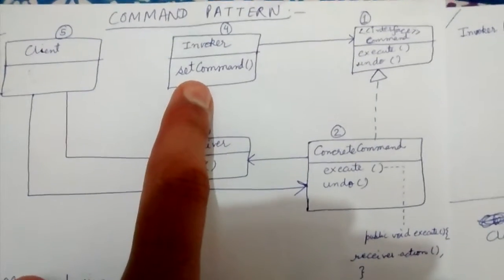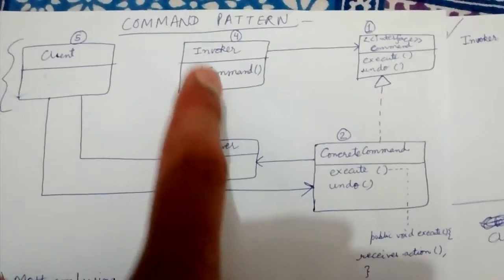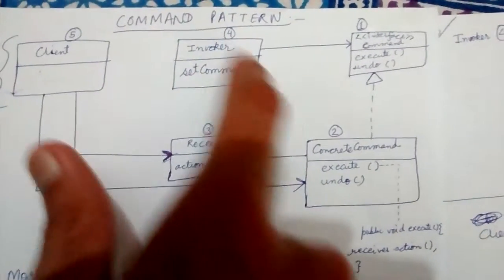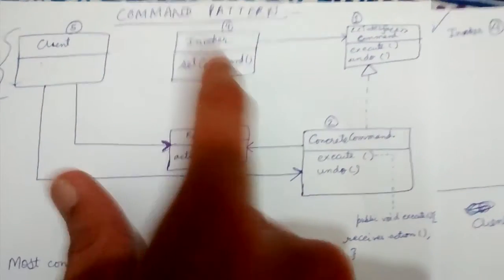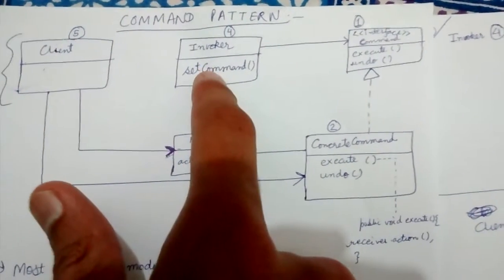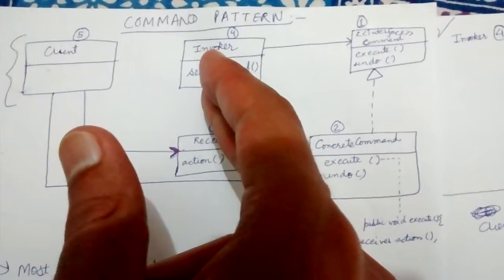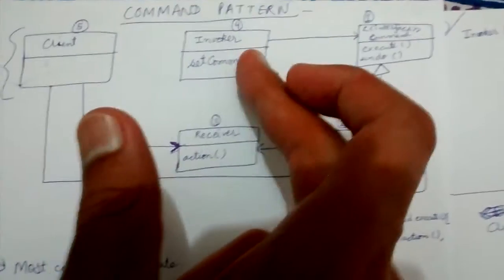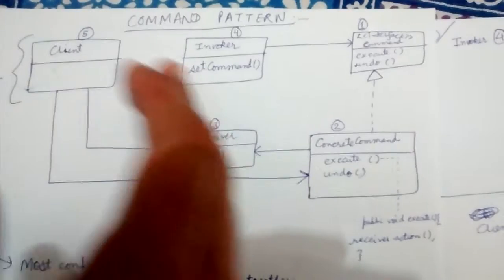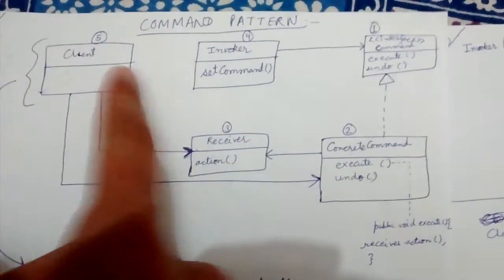Creating a new invoker, setting the command to be given in the invoker, and actually ordering that command, those things can be done by the client or maybe a third party, some queue.